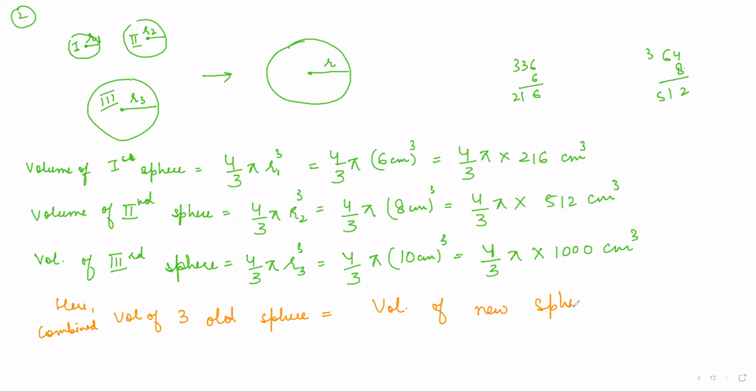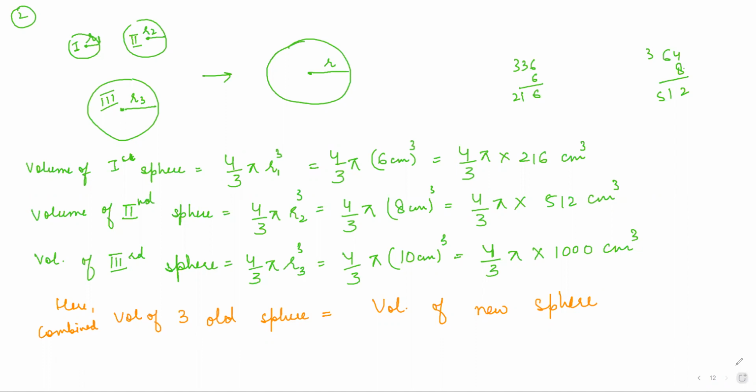Is that okay? The combined volume of 3 old spheres is equal to volume of new sphere. So we will add all the 3 volumes and equate it here. So I'm doing it on the next page.